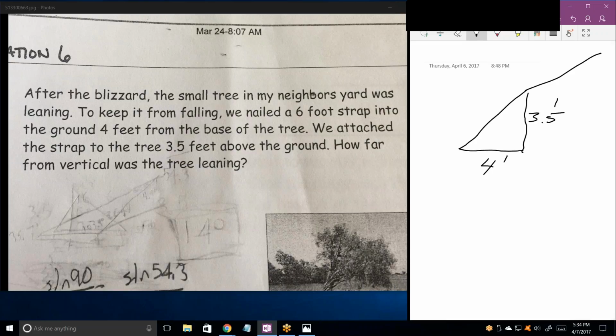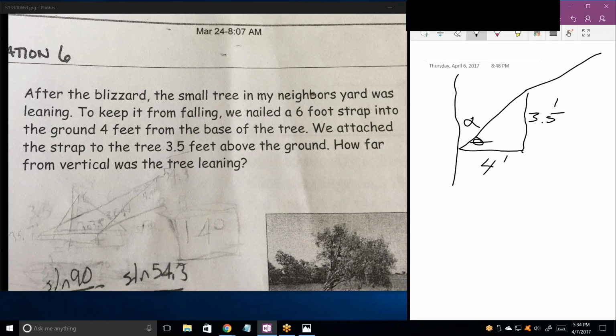That's the way I interpret that. Okay. And what they want is, what is theta? How far from vertical was the tree leaning? Well, actually what they want is 90 minus theta. Yeah, alpha. So we can figure out theta, and then we can figure out alpha.